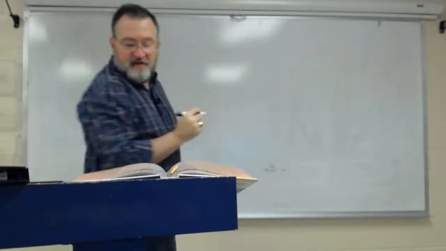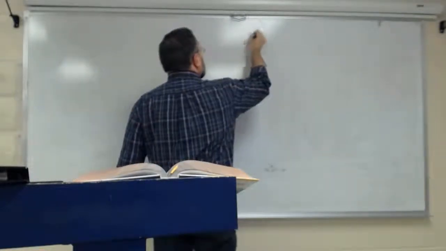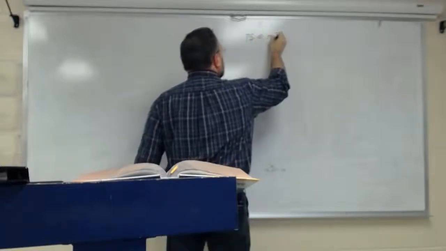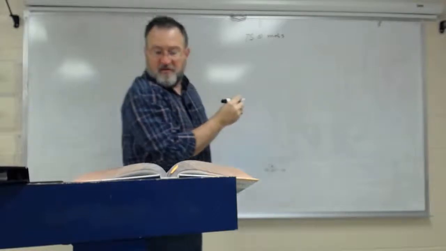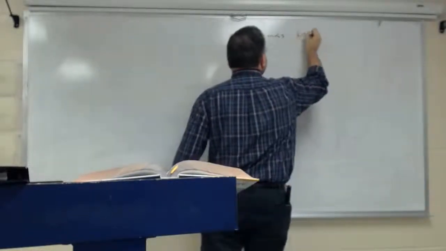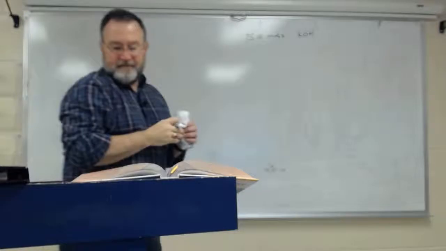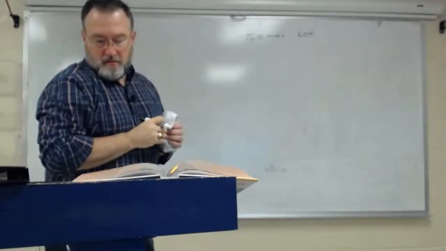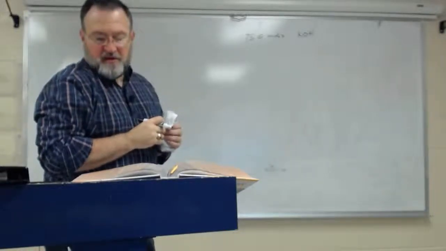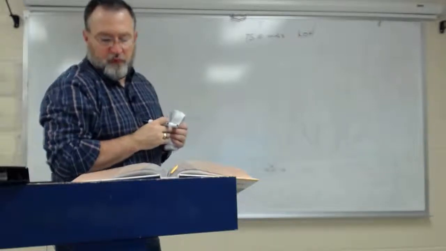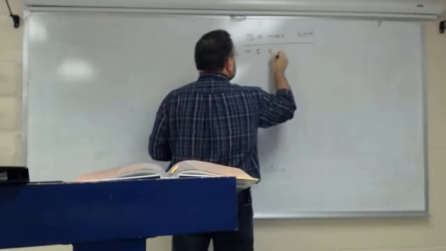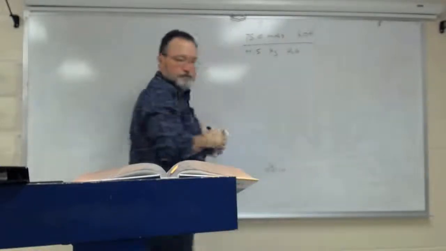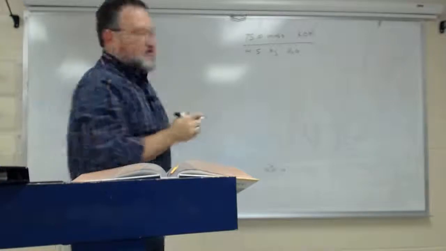Practice problem number 6 says that if a solution is made by mixing 75 moles of potassium hydroxide with 4.5 kilograms of water, what is its molality?